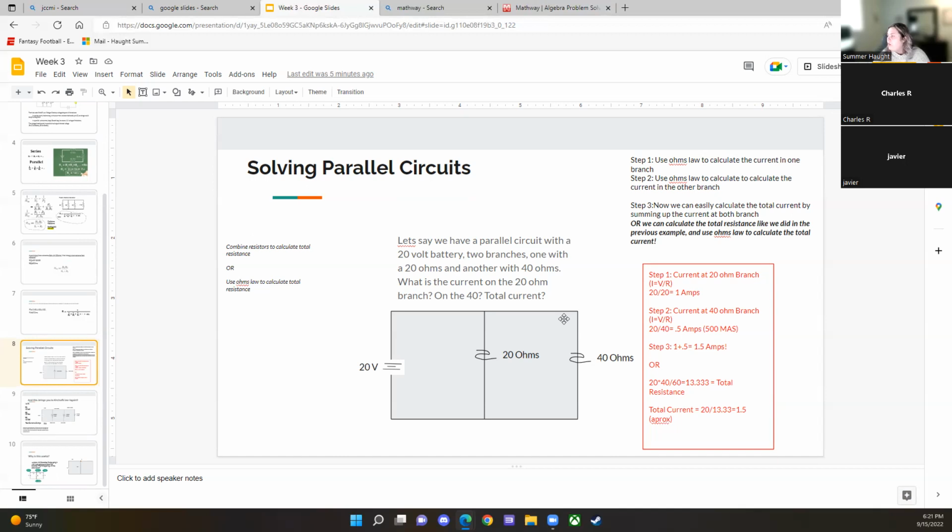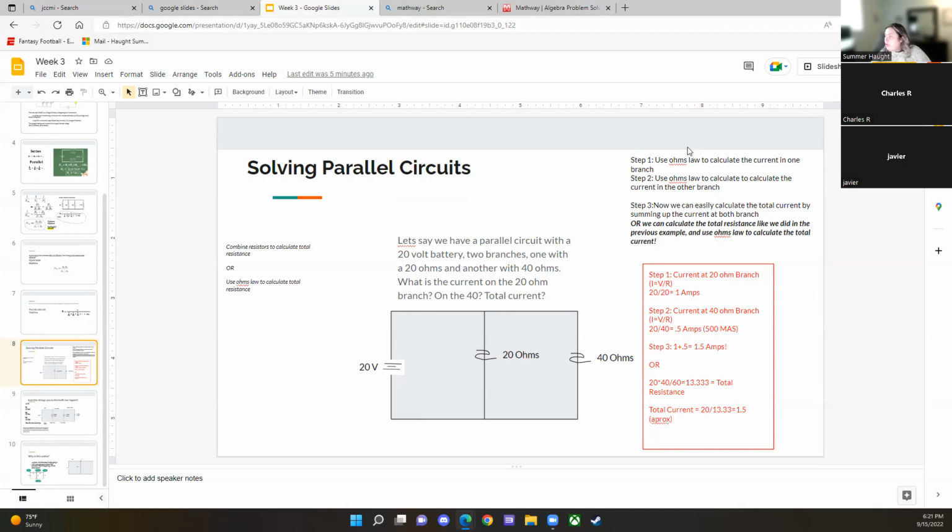In this example, I, which is current, again what we're calculating, equals V, which is voltage, divided by R, where V is your total voltage and R is your resistance at wherever you're trying to calculate the current.